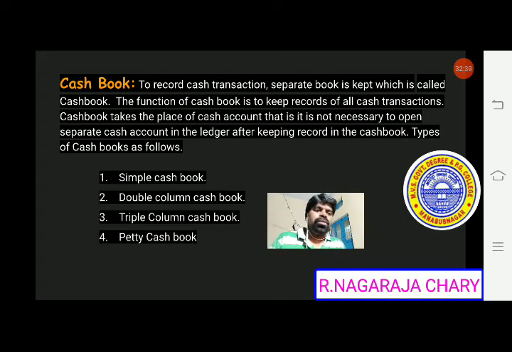Here also we have 4 types of cash books, so let us discuss one by one.